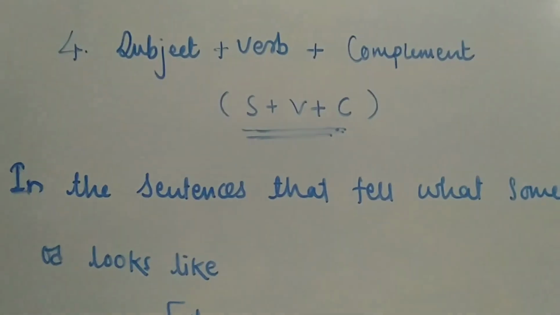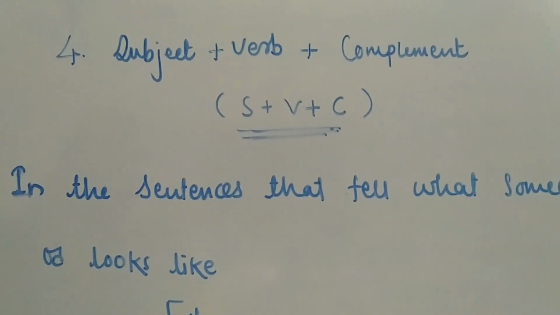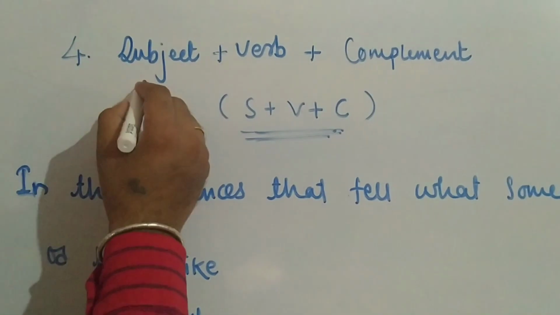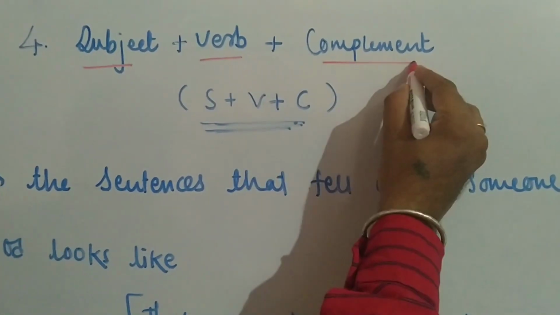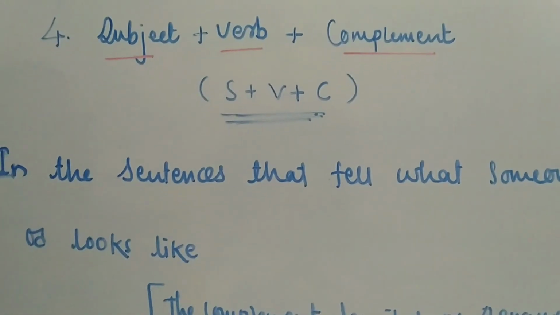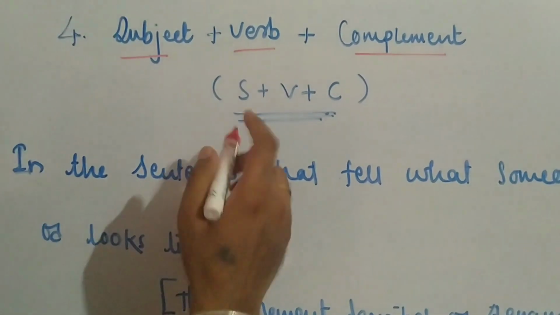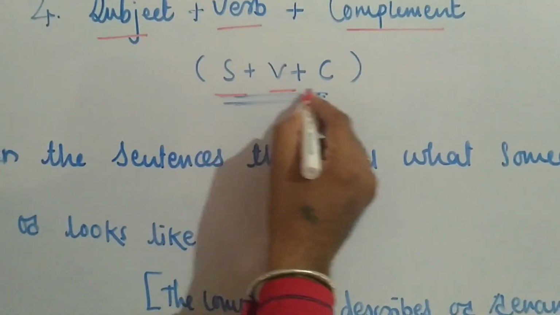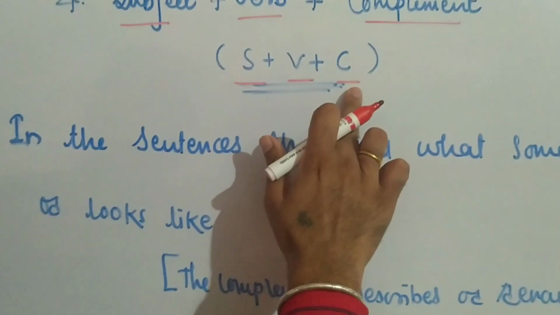Now, dear friends, sentence pattern number 4 is subject, verb and complement. The short form of this pattern is S, V and C. Subject, verb, complement.